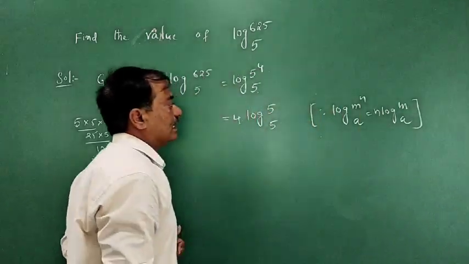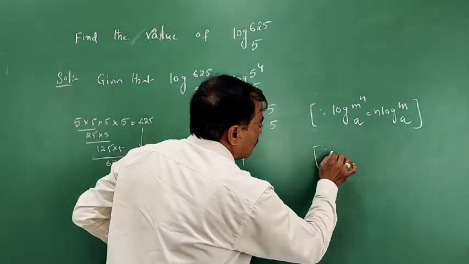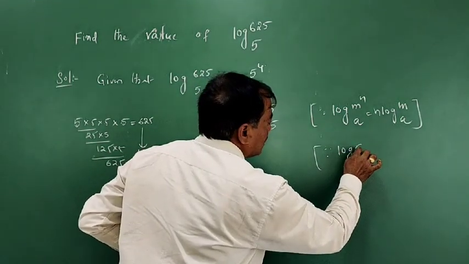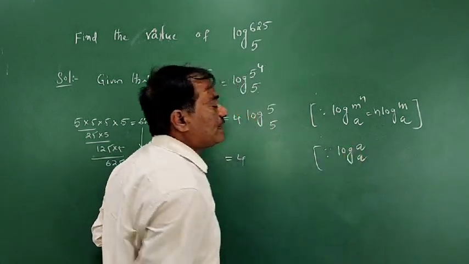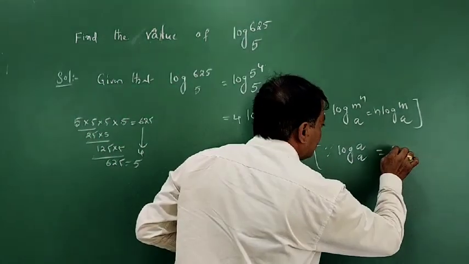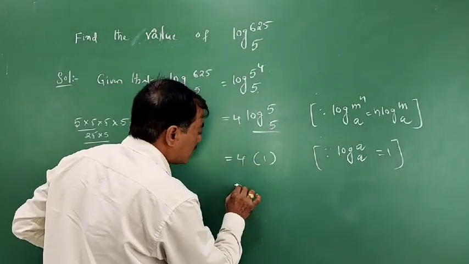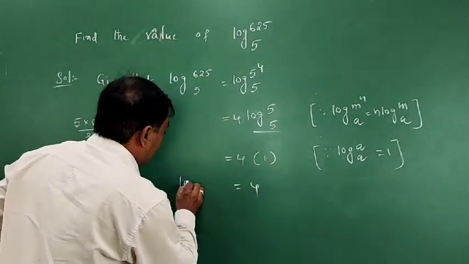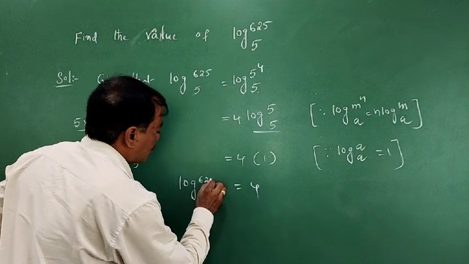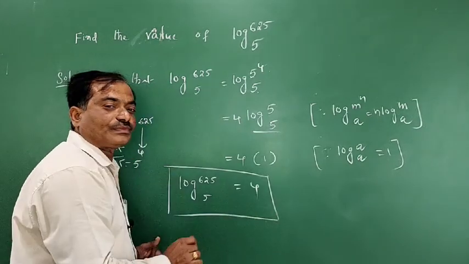And we use one more formula: log a to the base a, any logarithm to the same base, has the value 1. By using that property, this value becomes 1. So finally log 625 to the base 5 equals 4.